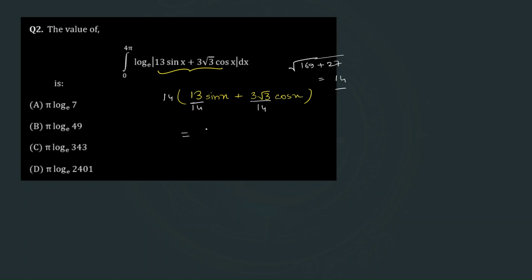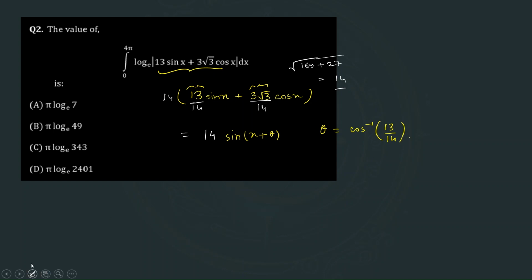And now inside this bracket, we can write this expression as this. If we consider cos theta, this will automatically be sin theta. So cos theta sin x plus sin theta cos x, so sin of theta plus x. That means we can write this as sine of x plus theta, where this theta is cos inverse 13 divided by 14.